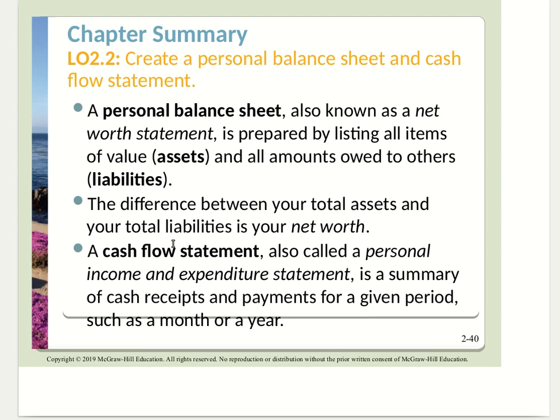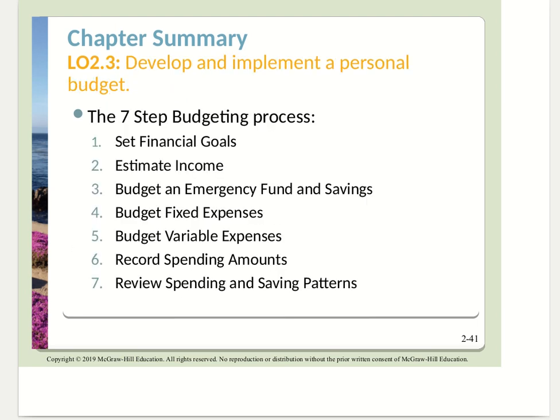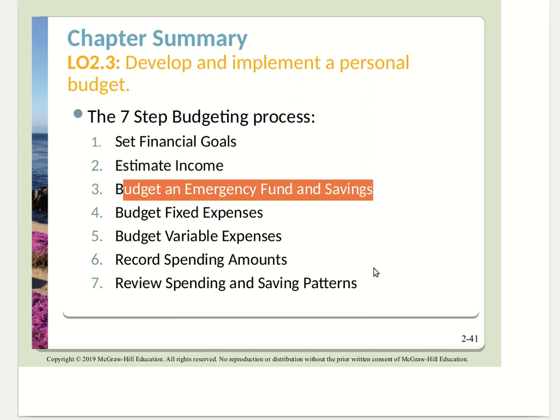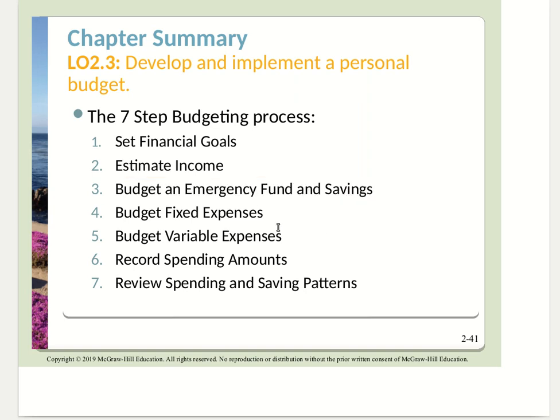And then also, how am I spending my money? What's happening as far as my cash flow? Be thinking about the 7-step budgeting process: setting your goals, estimating income, paying yourself first, setting up an emergency fund, budgeting some of those expenses, recording it and making sure that you're capturing everything, and then going back and analyzing and making some changes.